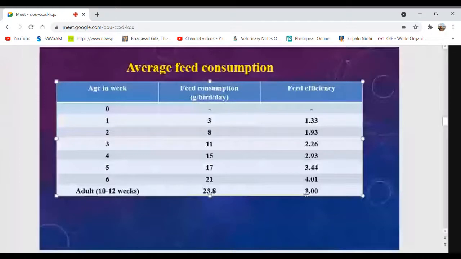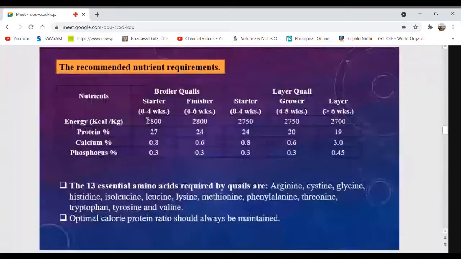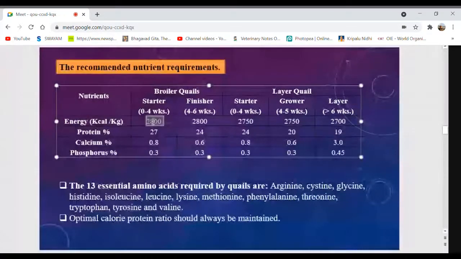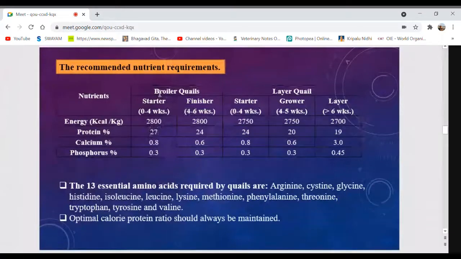And these are the recommended nutrients for the broiler quails and layer quails. Energy requirement you see in case of broiler is 2800, 2800, but protein you see is 27 and 24. 27 means we have to provide broiler pre-starter ration during the starting phase to the broiler quails.